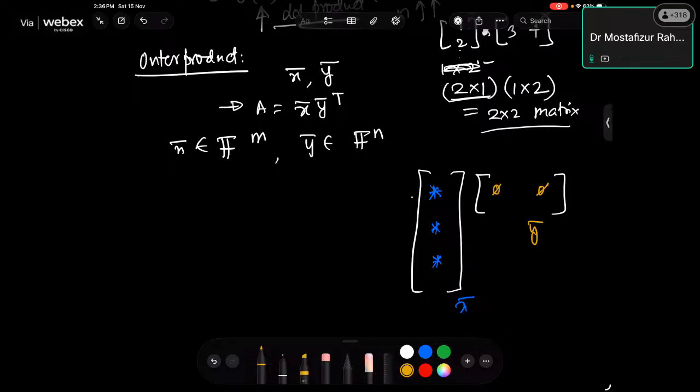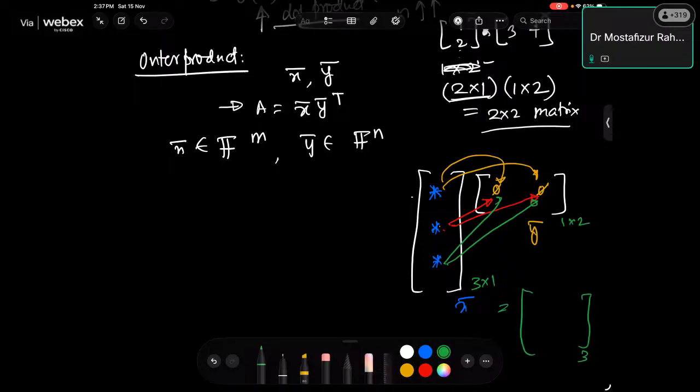You have to multiply this with this, this with this, and continue this way for every element. So this is a 3 cross 1 and this is a 1 cross 2, and you will get a 3 cross 2 matrix, with 3 rows and 2 columns. So you can fill this matrix.